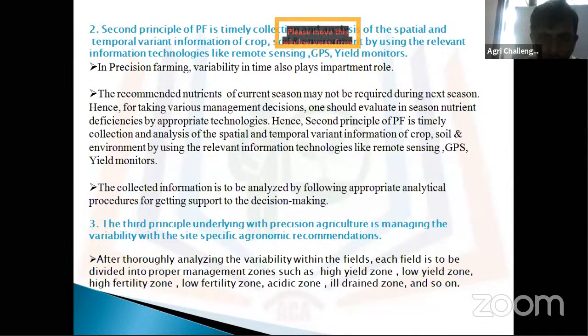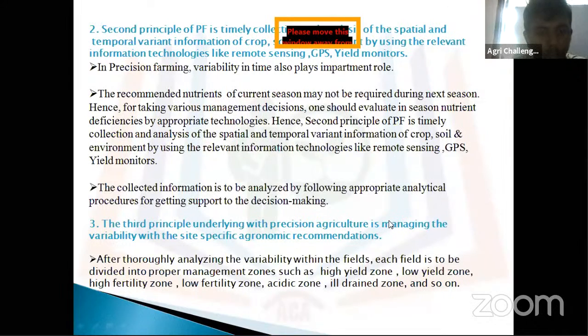Hence, the second principle of precision farming is timely collection and analysis of the spatial and temporal variant information of crop, soil, and environment by using relevant information technologies like remote sensing, GPS, yield monitors, GreenSeekers. So many sensor technologies are there now.